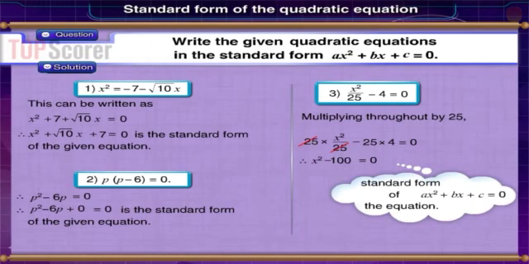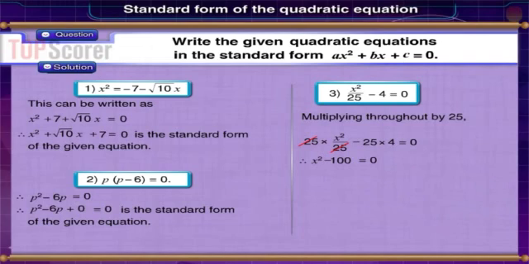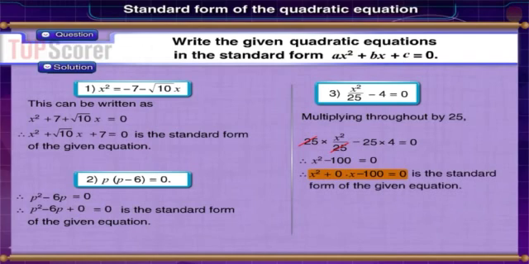Which term is missing when compared to the standard form of the equation? Here, x term is missing. Hence, by adding 0 to the x term, we can write the equation in the standard form as x square plus 0 into x minus 100 is equal to 0.